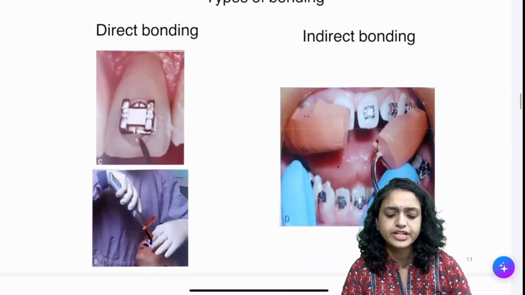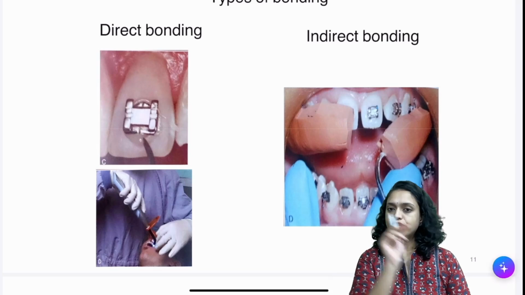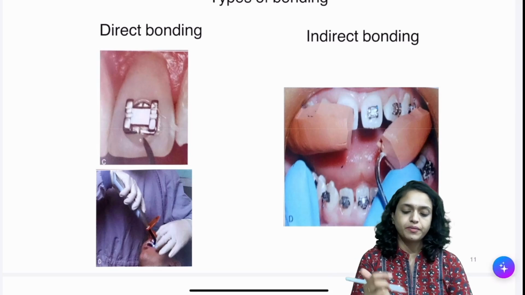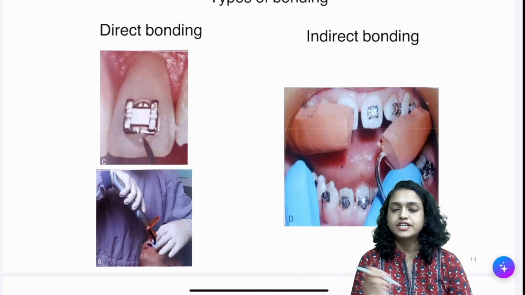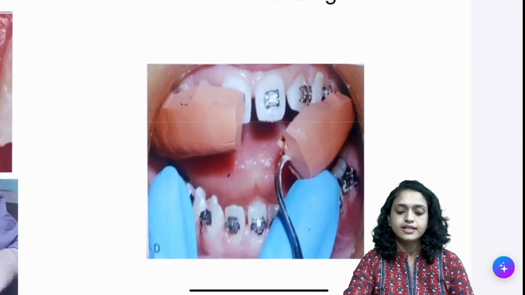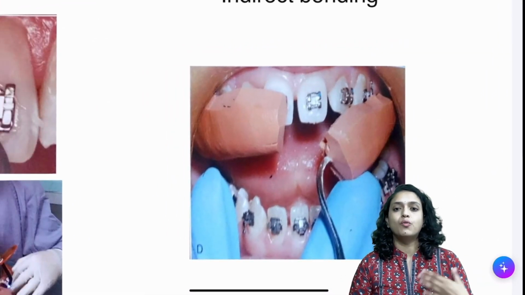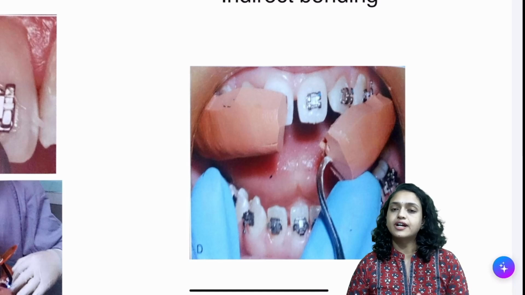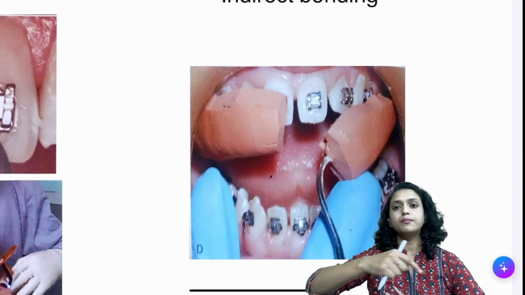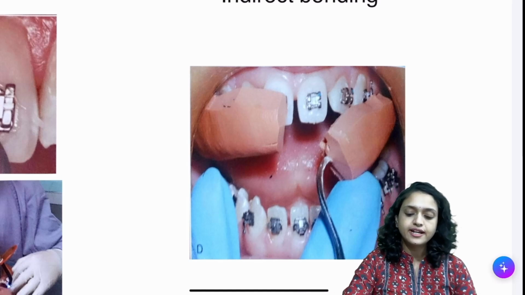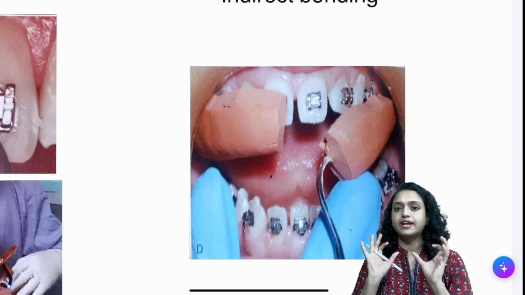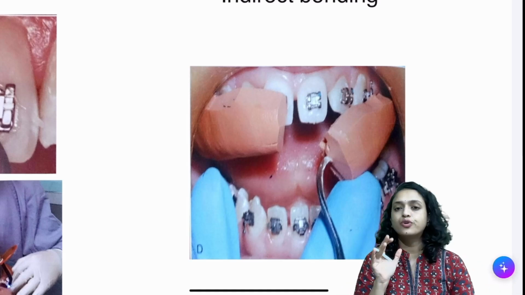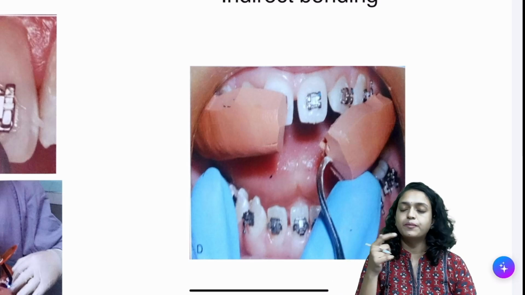So what are the different types of bonding? You directly etch the tooth, place composite on the bracket and directly position the bracket individually for each tooth. It is called direct bonding. There is also something called indirect bonding. In indirect bonding, you take a cast, position all the brackets properly, take putty material, place it on the brackets, and transfer the entire set of brackets onto the patient in toto, not just one bracket, all the brackets together.